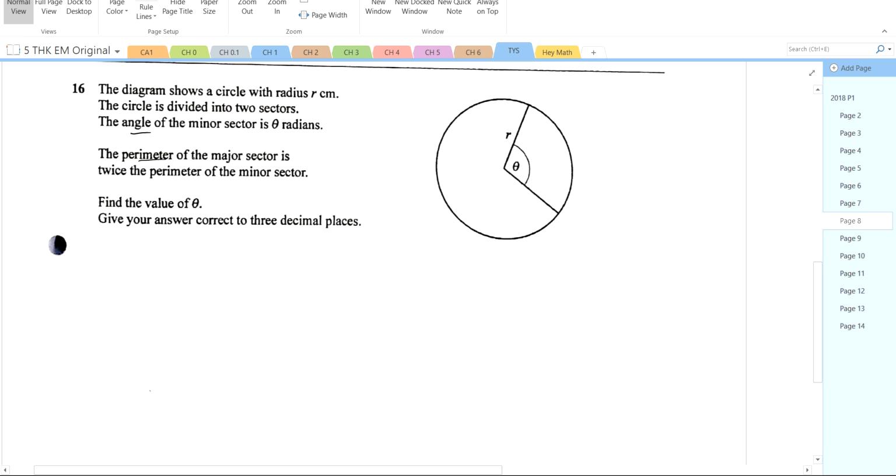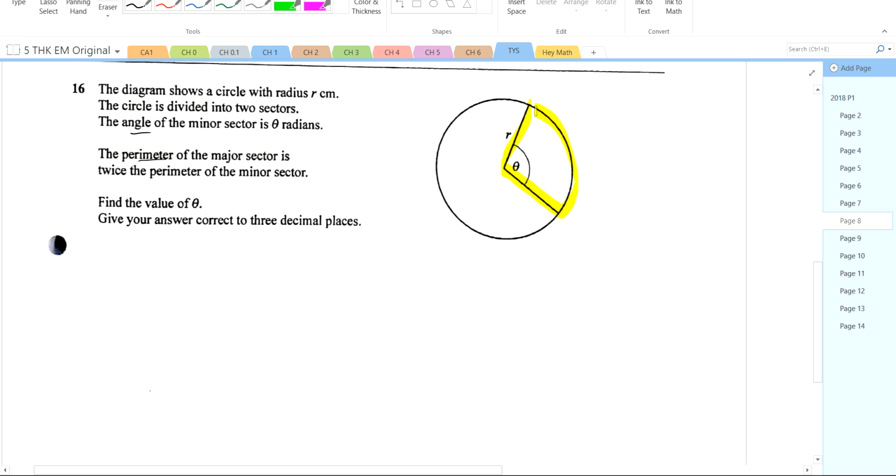They've got a perimeter of the sectors also. Perimeter of the minor sector. So let me highlight the perimeter of the minor sector. Right? It is made of 2 of the radius plus the arc length. Agree? Then for the major sector, it is made of the 2 radius again plus the arc length.